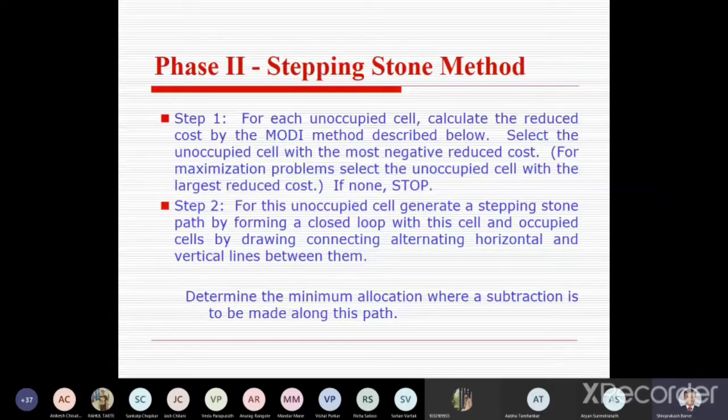Now phase 2 or step 2 in this transportation model is optimization methods. In the optimization methods, we have two: the stepping stone method and the modified distribution or UV method. Here we'll see one by one what the stepping stone method and the modified distribution method are.